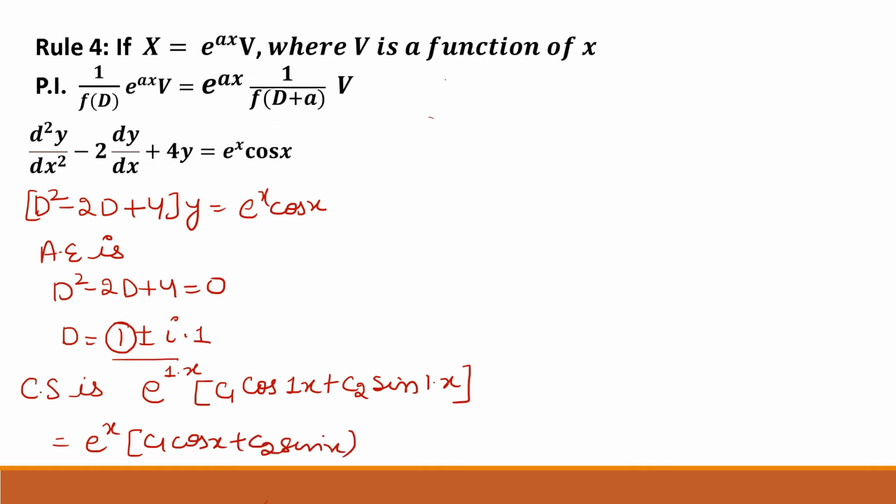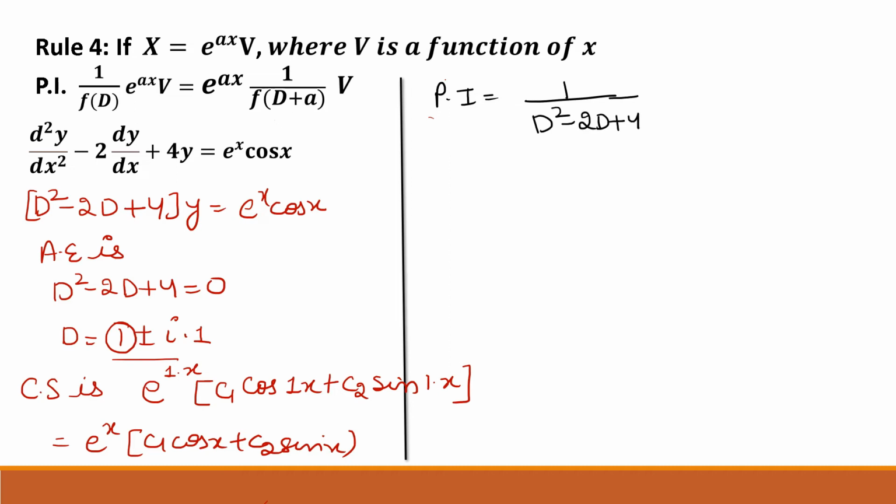Now what is next? Next we need to find the particular integral. So the particular integral is 1 over f of D, where f of D is D square minus 2D plus 4, and capital X is e power x cos x. Now compare this with the standard form. What is our v? v is cos x, and what is a here? a is 1.